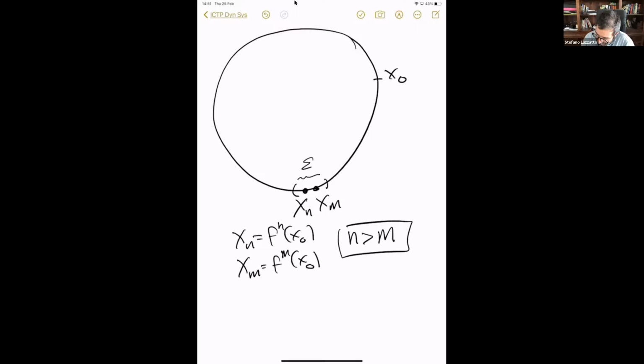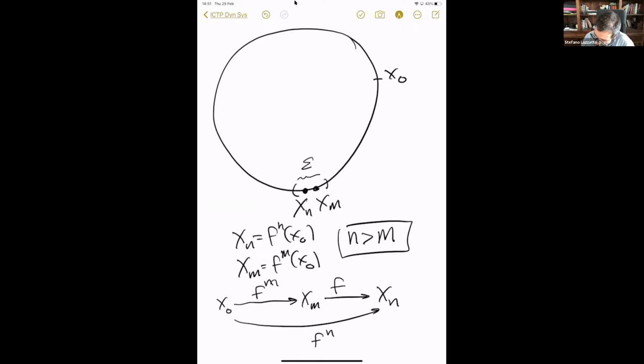This means that we're going from x0 to xm to xn. So here we have fm, here we have fn.